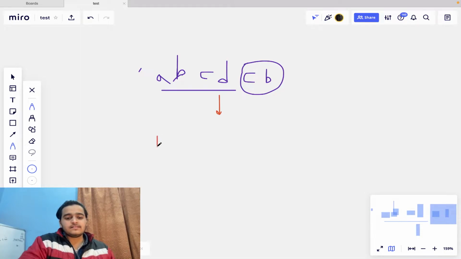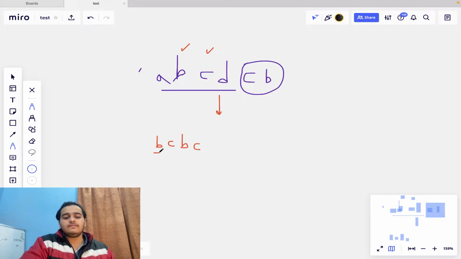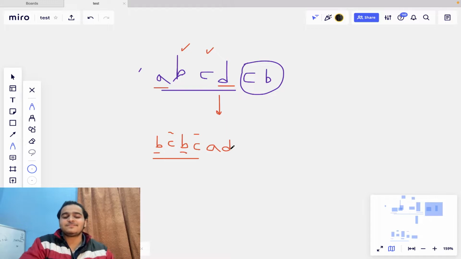So what this means is, suppose B and C are the repeating ones. Suppose I'm writing BC here. If I write BC again here, then this B will be occurring at distance 1, and this C will also be at distance 1. So this satisfies our condition, and we just arrange the remaining letters after that. I explained the approach in quite simple terms.